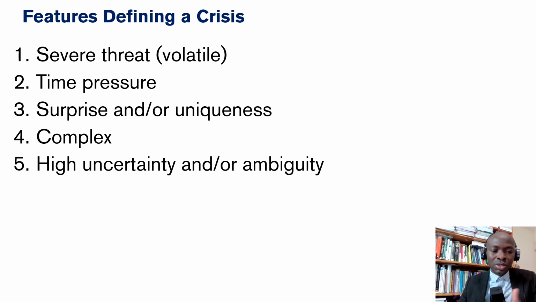Then you start to look at the high uncertainty or ambiguity in the situation that the crisis itself presents. Remember in the previous slide when I talked about crisis situations, you're looking at something that requires urgent attention, and sometimes there is no obvious solution to some of the problems that come with crisis.